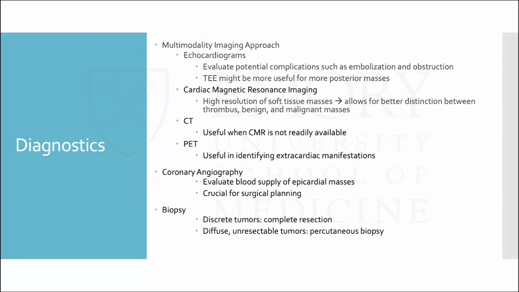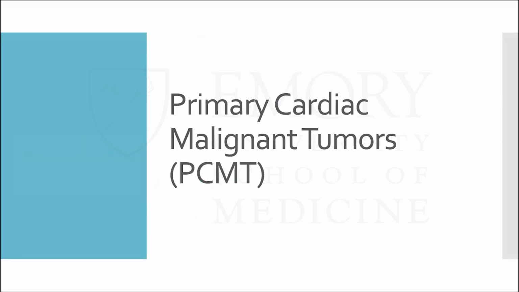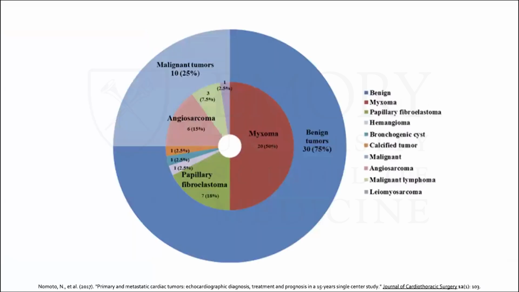So there should be caution when using percutaneous biopsy, and you should really only utilize it if you think it's going to change your management, such as if the histology of the tumor might guide you from surgery more towards chemotherapy. And with that, I'll go into specific tumors and start out with primary cardiac malignant tumors.